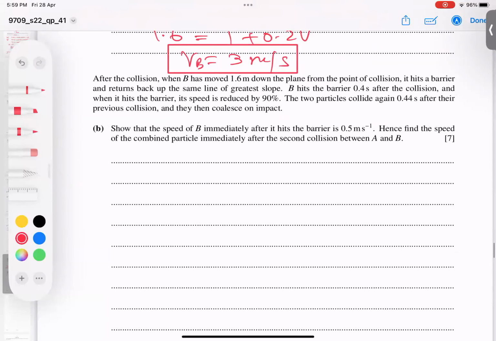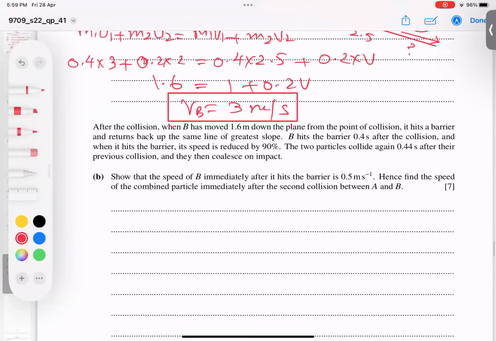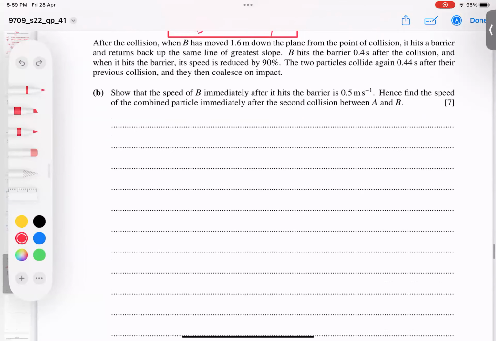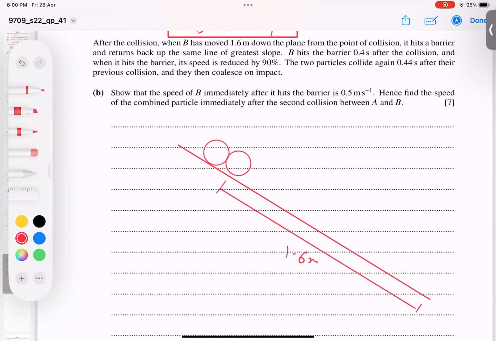Let's go to the next part. After collision, B moves 1.6 meters down the plane. This is the collision here. He's saying it traveled 1.6 meters downwards, and he mentioned there's a barrier here.